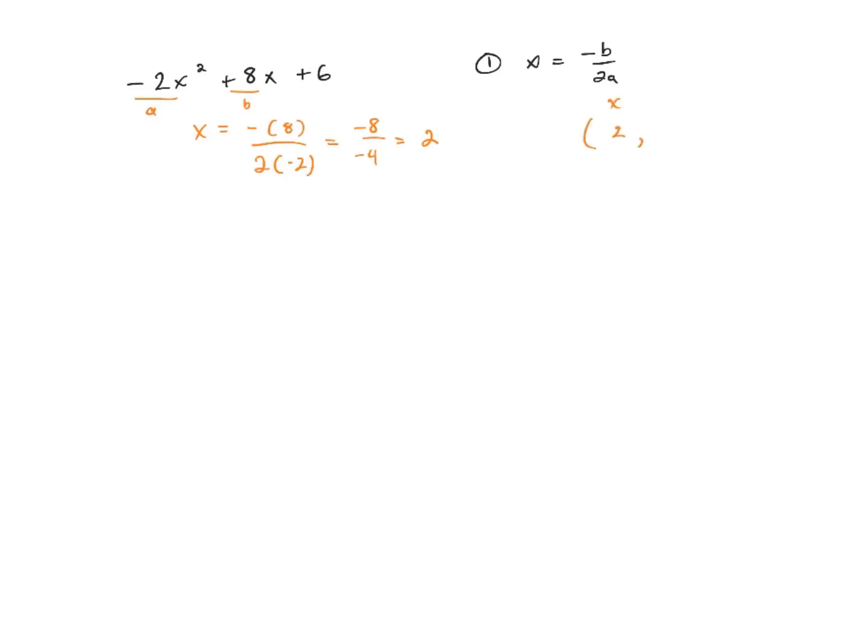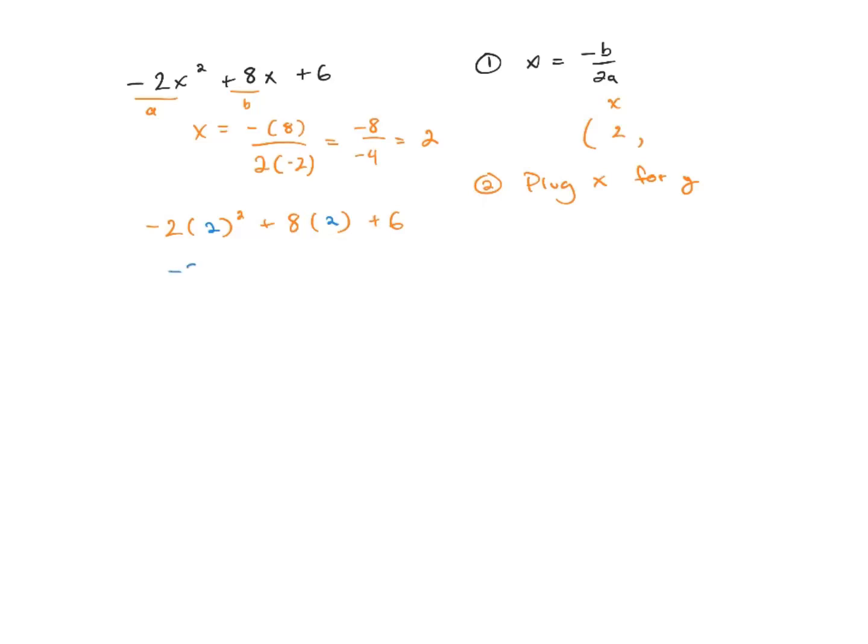Now I want to go ahead and second plug in x for y. And I want to do that into the same equation that I began with. I have a negative 2 x squared plus 8x plus 6. And I'm going to go ahead and plug in that 2.